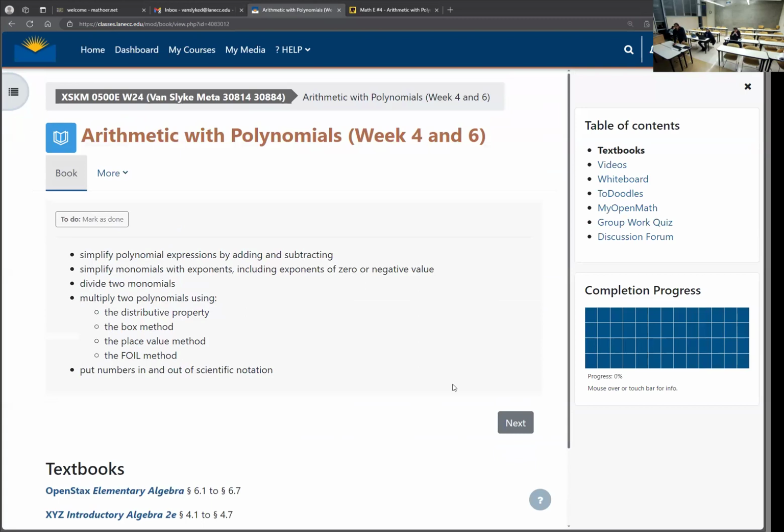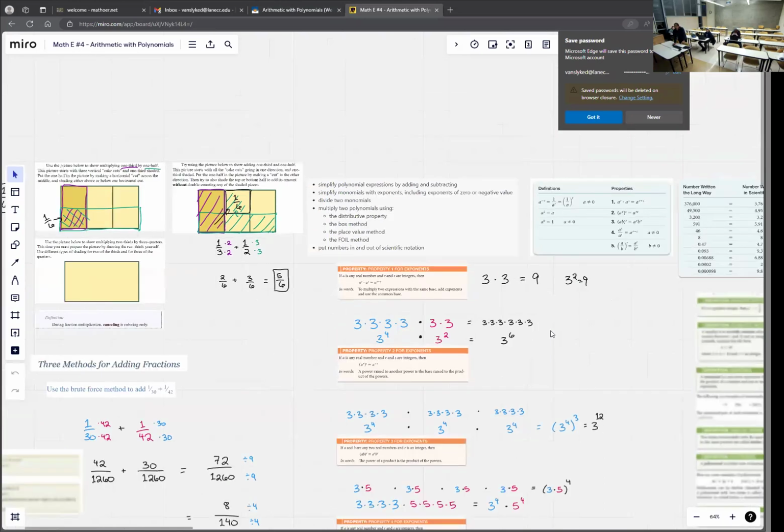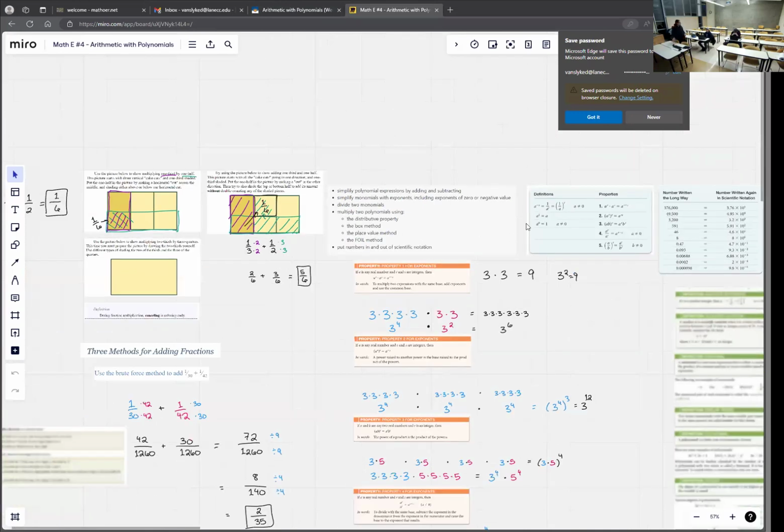Okay, so the whiteboard that we did had all kinds of stuff, but where's the other stuff I had? Over there, okay. So this portion here is what we did 2 weeks ago, week 4 before the midterm.